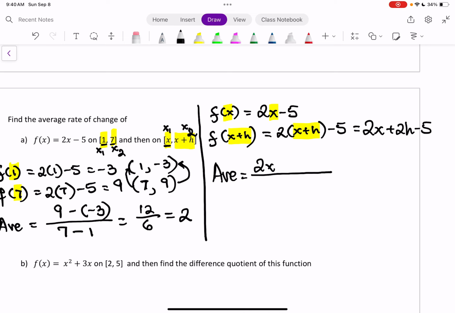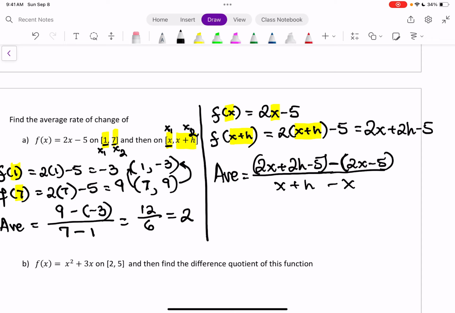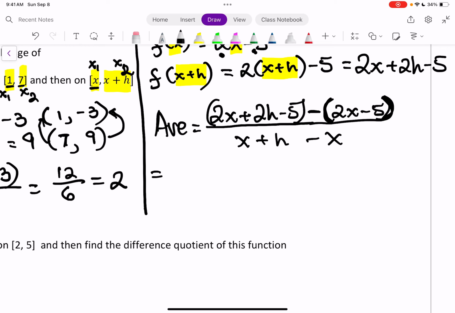Take the two y values you have and subtract them. Now be very careful here, because I'm not just subtracting a number. Now I'm subtracting a whole expression. So I do need to make sure that I'm distributing the minus sign, that I'm not just subtracting the 2x, but I'm subtracting both the 2x and the -5. So parentheses are really important here to show that we're subtracting all that stuff.